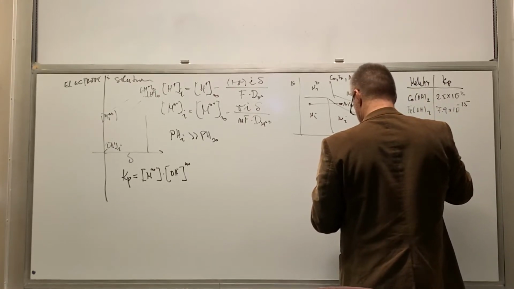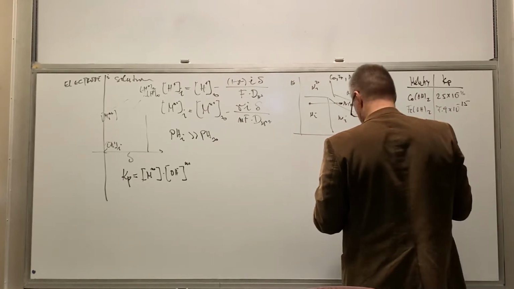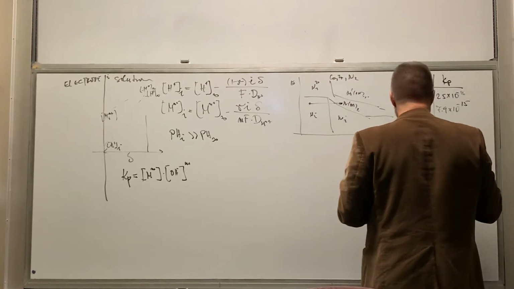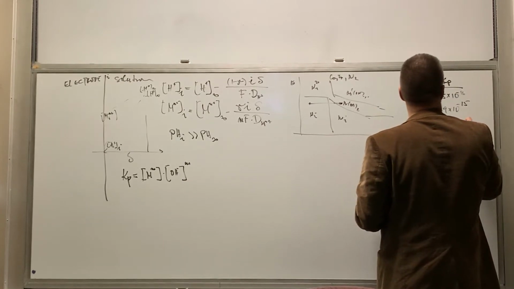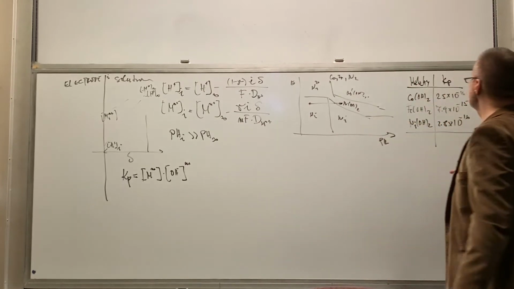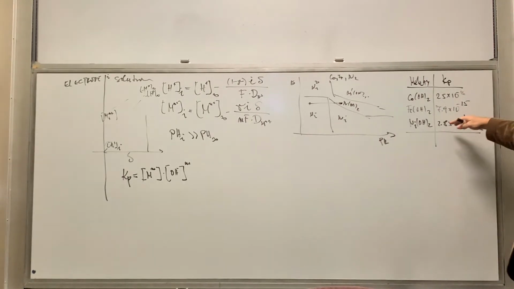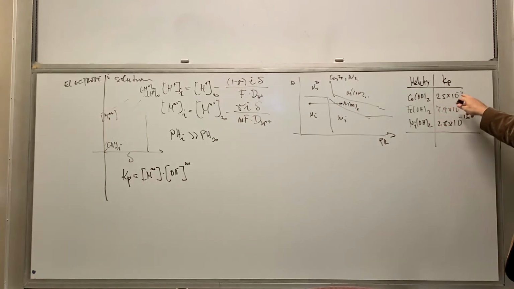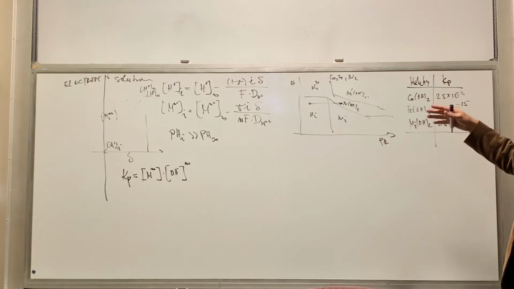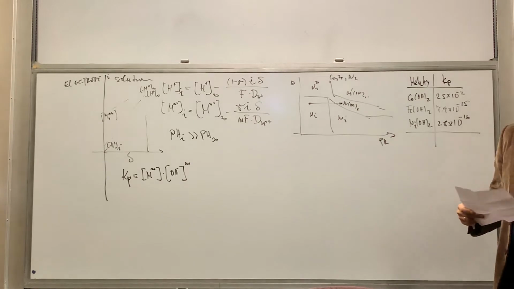Then for nickel hydroxide, it is 2.8 times 10 to the minus 16. So you can see roughly they are about the same order of magnitude. Iron hydroxide is a little bit higher than these two, but overall the solubility of these hydroxides is relatively the same, right?